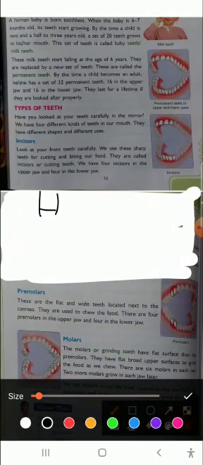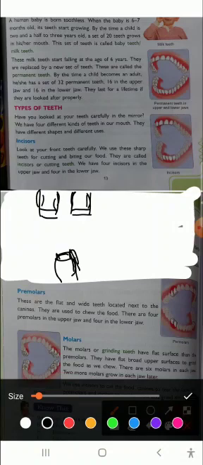Draw 2 lines and draw like this, a straight line with a curved path, like this. This is your molar.